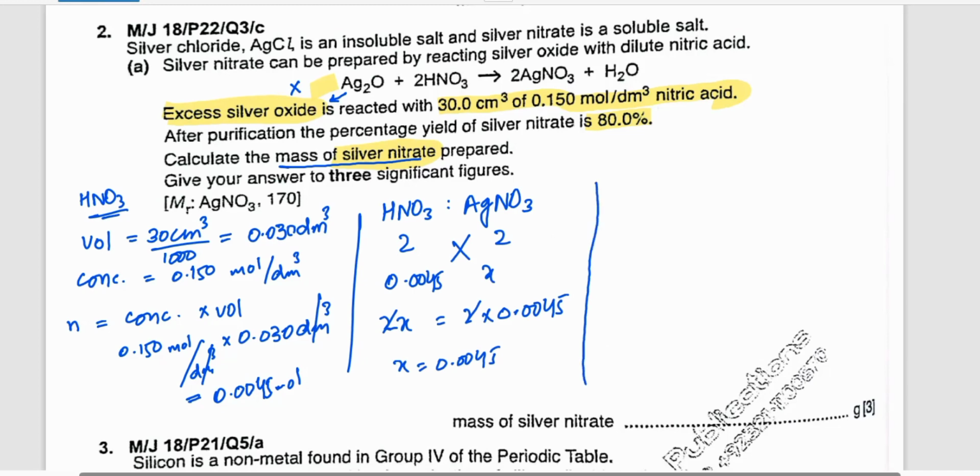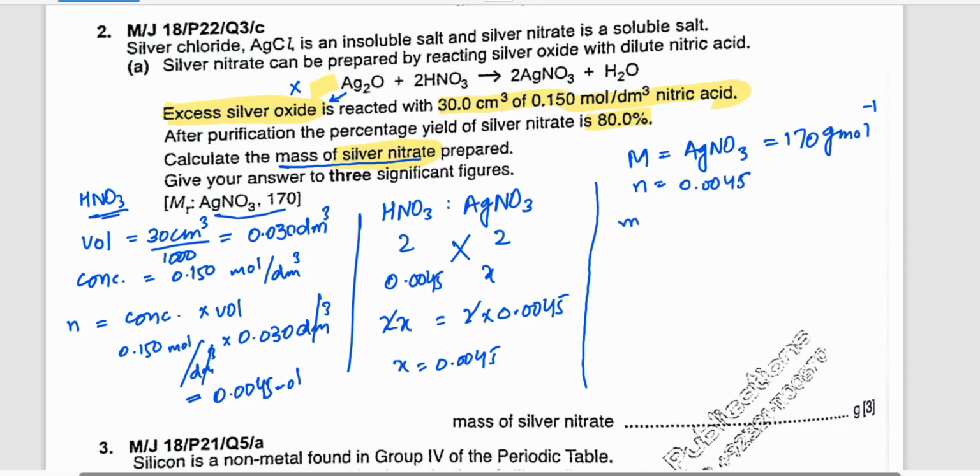What we have to find out? Mass of AgNO3. The relative molar mass of AgNO3 is given over here, it is 170 gram per mole. The number of moles we know is 0.0045. So what we have to find?